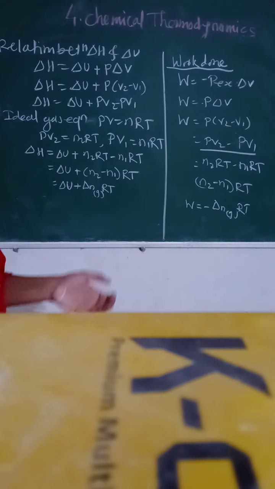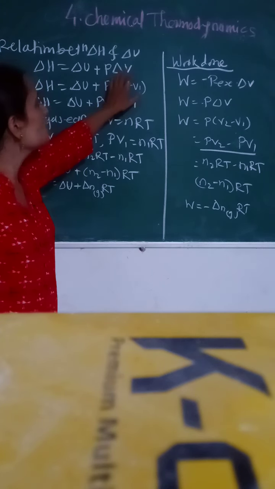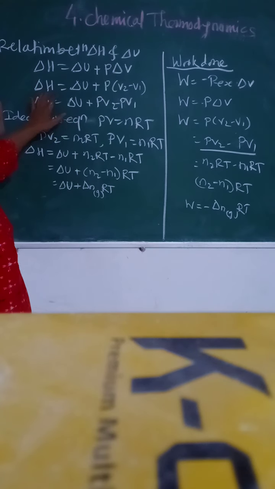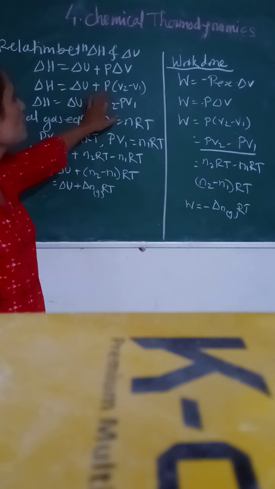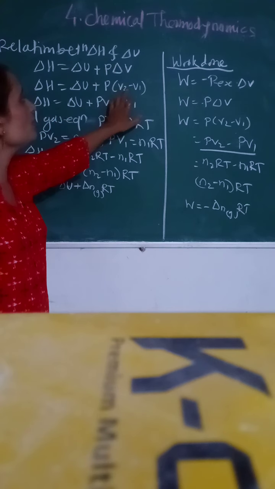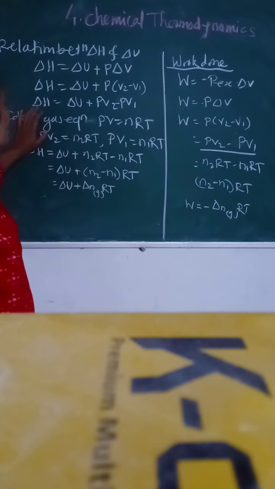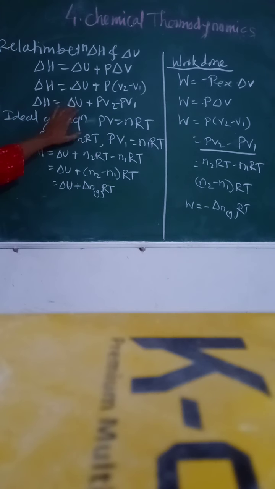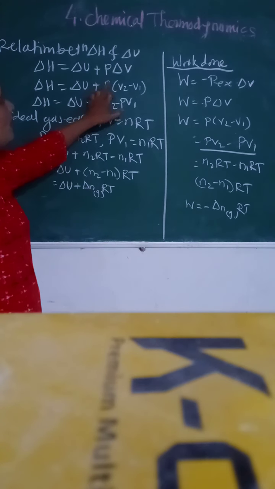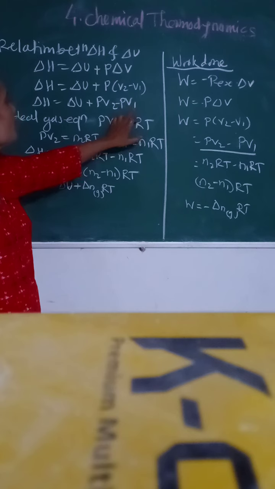But in the gaseous state, the volume changes. That's why we write the equation delta H is equal to delta U plus P delta V, where delta V means V2 minus V1. So delta H is equal to delta U plus PV2 minus PV1.